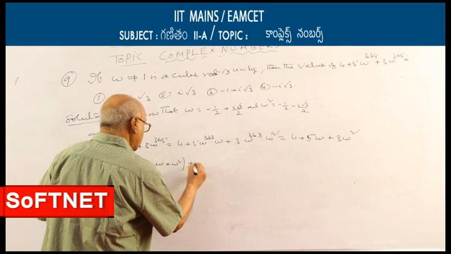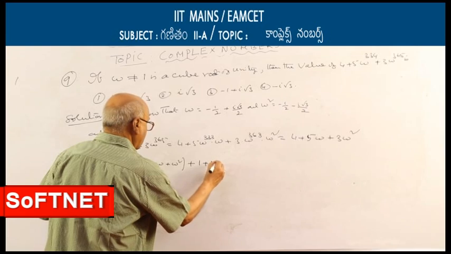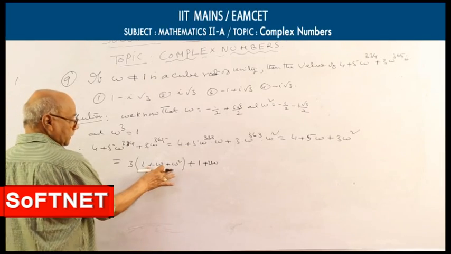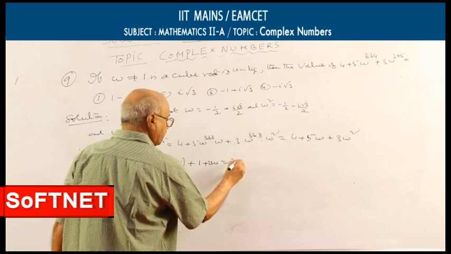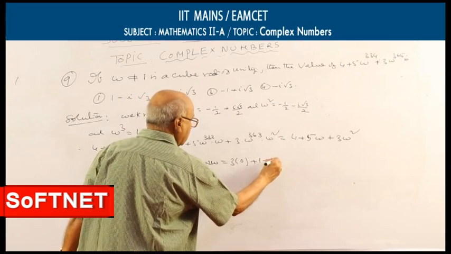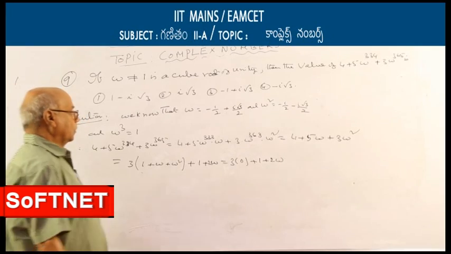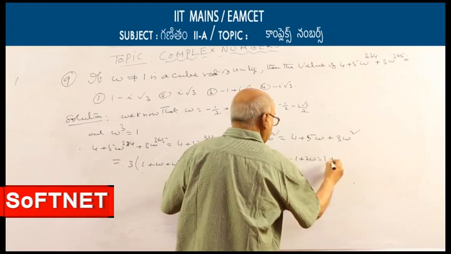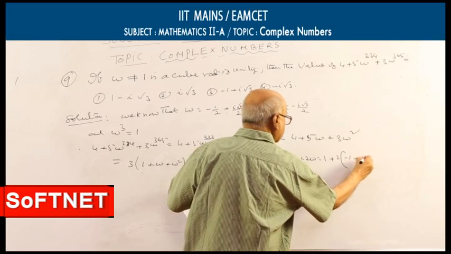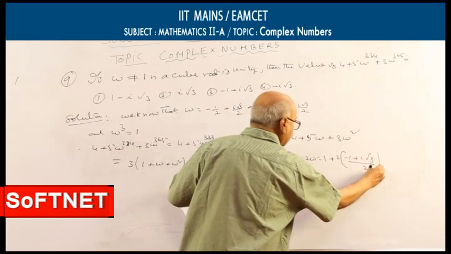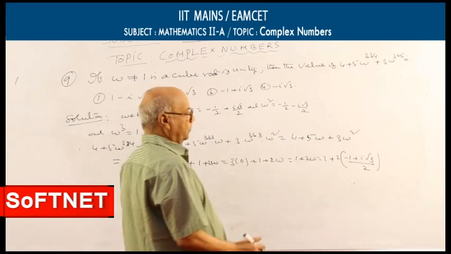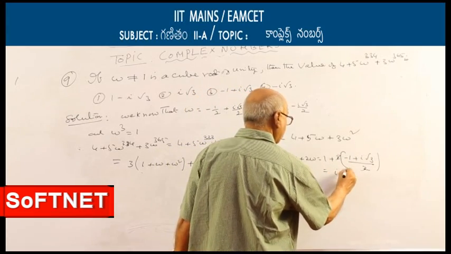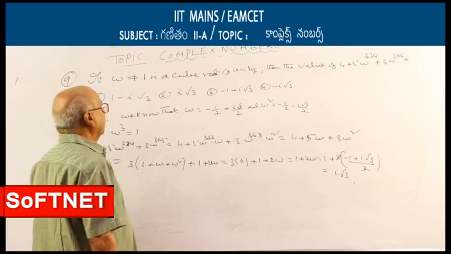So you can write that as 1 plus 2 omega, and you know that 1 plus omega plus omega square is 0, so that is nothing but 3 into 0 plus 1 plus 2 omega. Which is 1 plus 2 into minus 1 plus i root 3 by 2. So 2 will cancel, and plus 1 minus 1 will cancel. So this is nothing but i root 3. That value is nothing but i root 3.